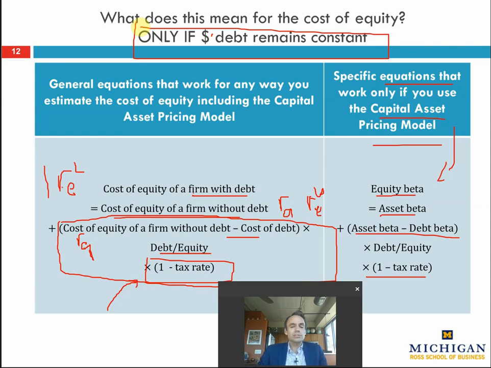And the equations that you see on the slide here correspond to the assumption that there's a constant dollar amount of debt. It was that constant dollar amount of debt assumption which also flowed through to my argument that a fair discount rate for the borrowing project was the cost of debt itself.